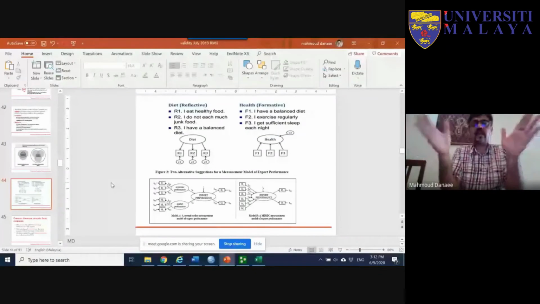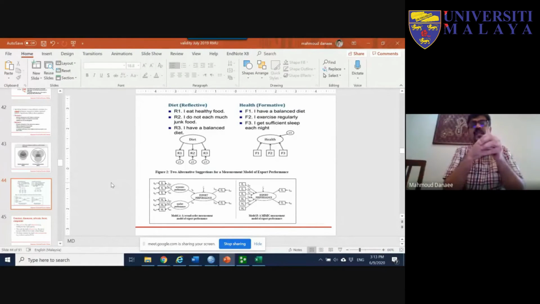So it is very important to understand the nature and the type of the construct that you are dealing with. Why? Because statistical methods are totally different. If you want to measure the validation for a reflective construct, the statistical techniques and software are different from the formative. Many students and researchers, unfortunately, use a statistical analysis for the formative construct which is not suitable for that kind of construct.